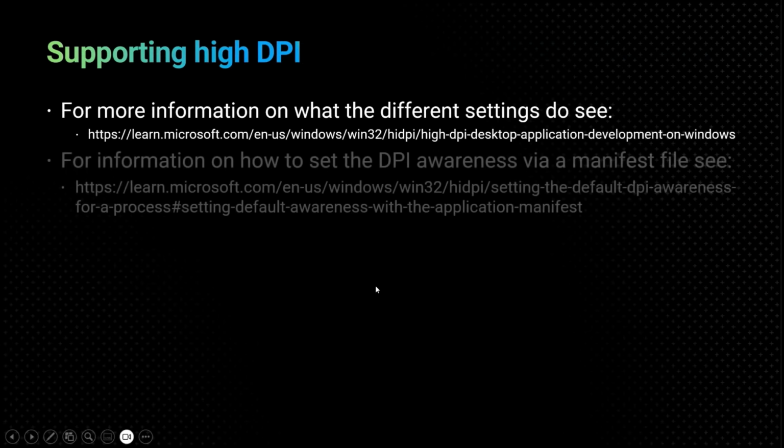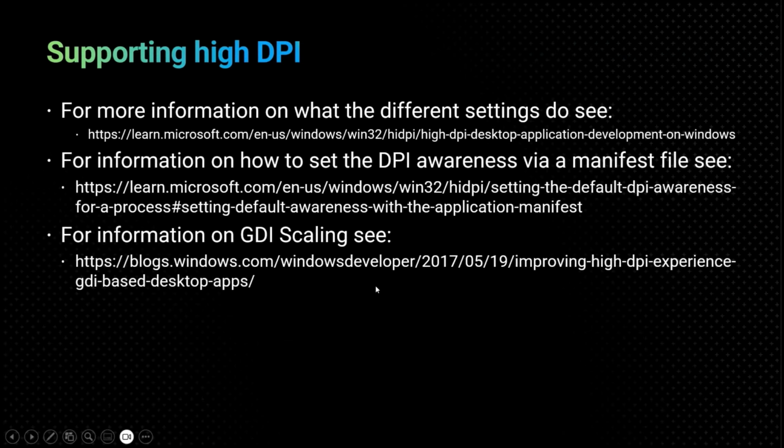If you want to dig in a little bit, I briefly explained what those five different options are, but I'm giving you some links here where you can go in and pursue it further, particularly if you're trying to understand what DPI setting you want to set your application to. This first one covers the first four of those DPI awarenesses I talked about.